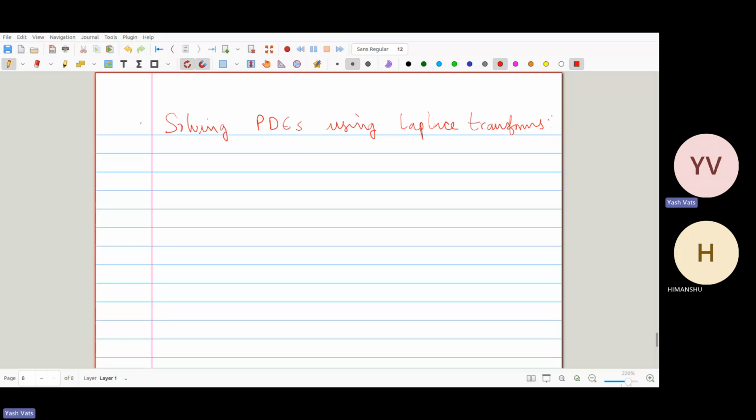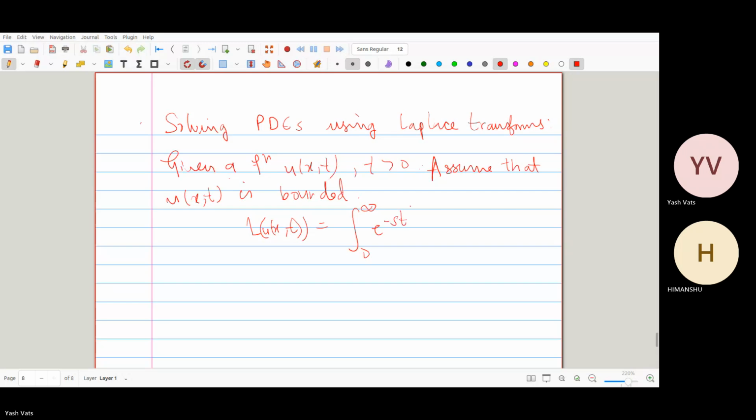Given a function u(x,t), t greater than 0, and you assume that u(x,t) is bounded, the Laplace transform L of u(x,t) is the integration from 0 to infinity of e to the power minus st u(x,t) dt, which is the same as capital U(x,s).